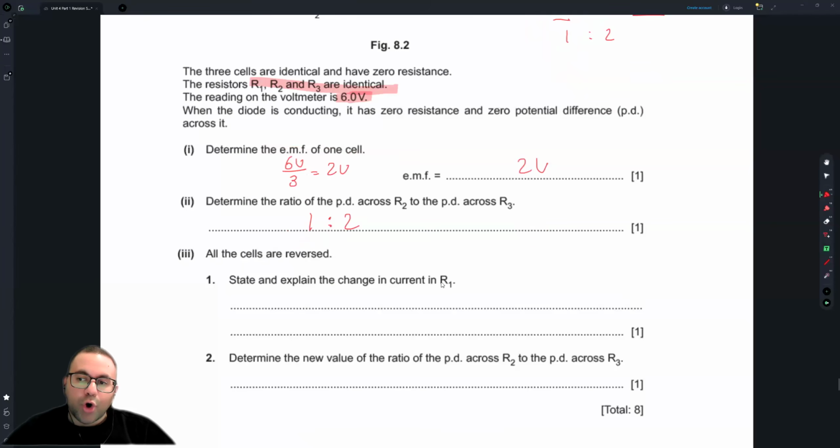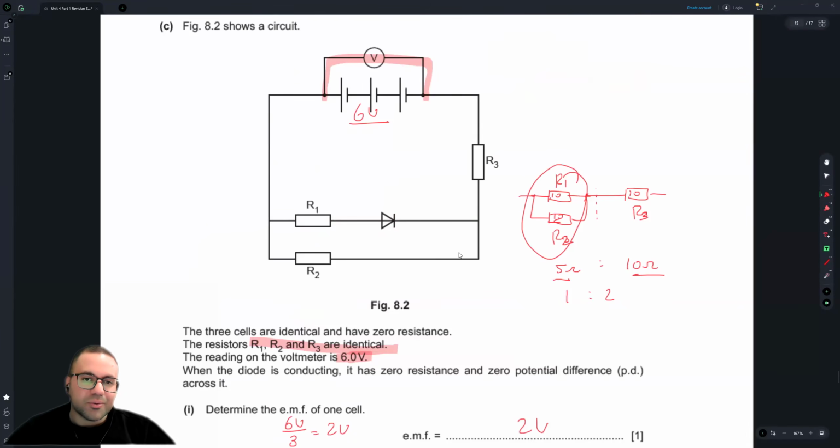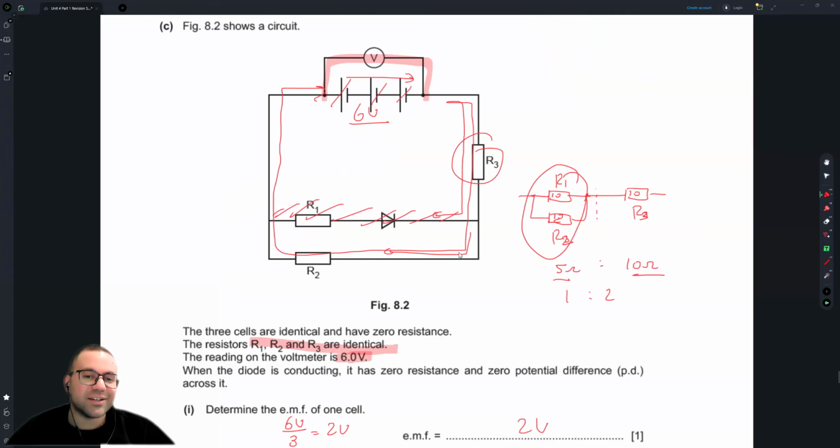Next. All the cells are reversed, meaning the current now wants to flow this way. Wait, if the current wants to flow this way, it cannot flow through R1 anymore because the diode stops it. So the current's only flowing through R3 and R2, which are now technically in what?